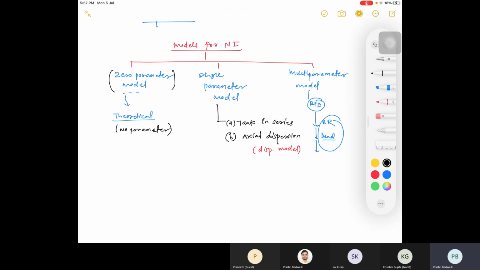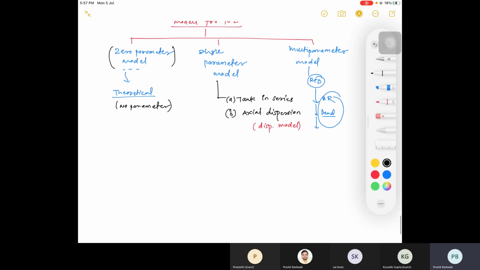Then we'll start with our first model, the tanks-in-series model. Write: tanks-in-series model. At the start, what this model is telling you is, suppose you have an arrangement, a PFR, or a PFR followed by an MFR, or any combination.